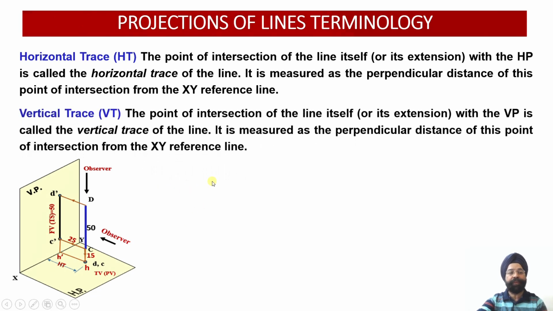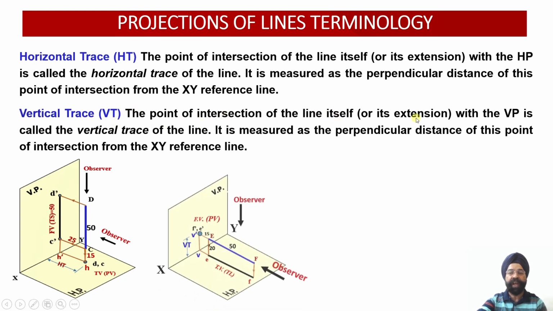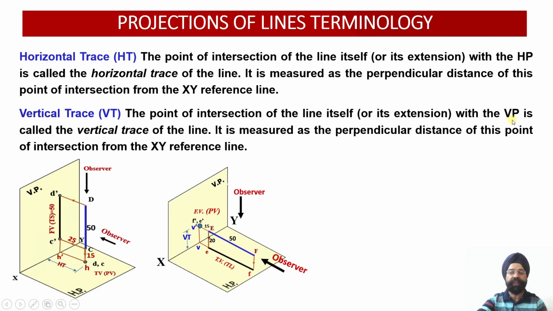Similarly, the next type of trace is called vertical trace. The vertical trace is the point of intersection of the line itself or its extension with the vertical plane. Here we had a line which was perpendicular to the vertical plane. Since this line is perpendicular to the vertical plane, it is going to intersect with the vertical plane. But does this line itself intersect with the vertical plane?